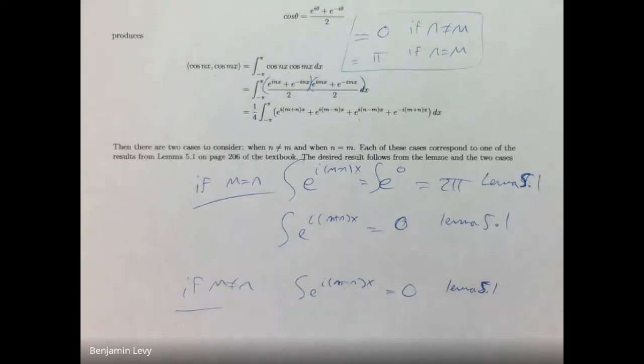What else can I answer right now? So if n equals m, isn't it supposed to be pi, not 0? Did I write down the wrong thing?